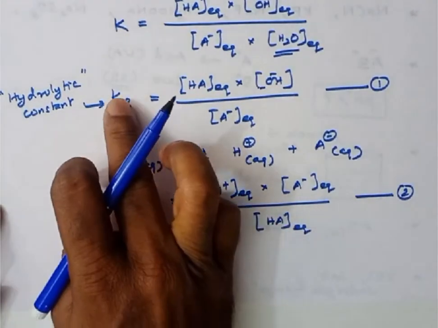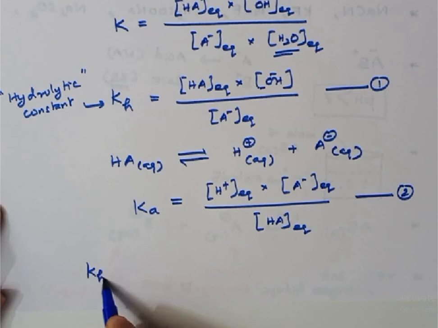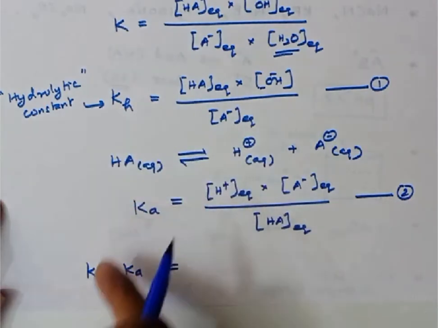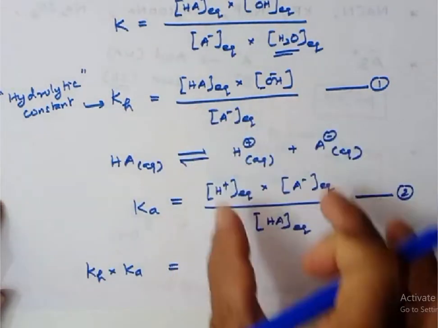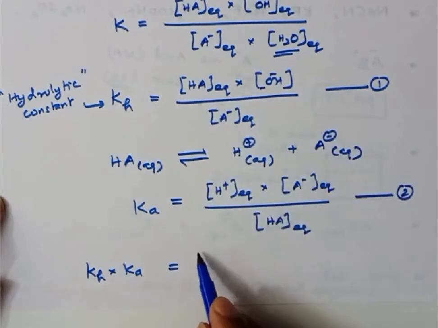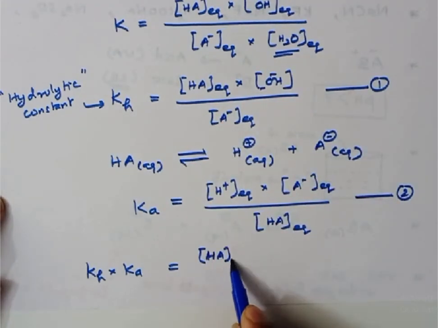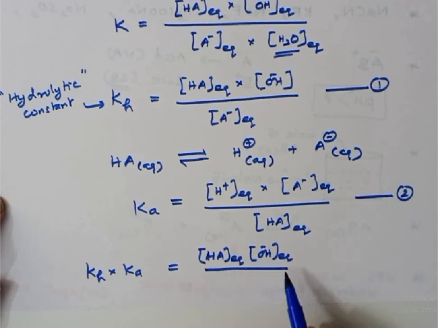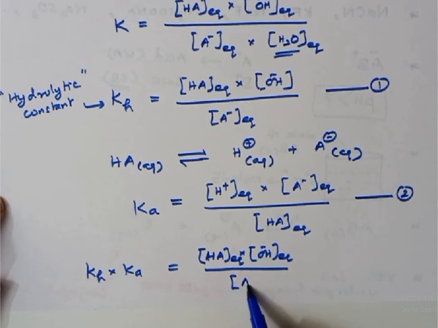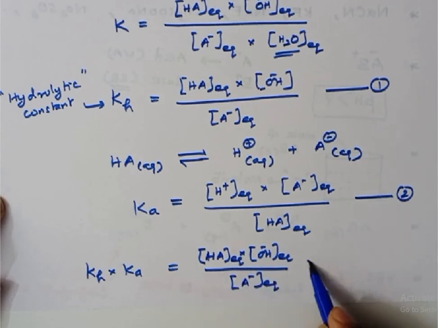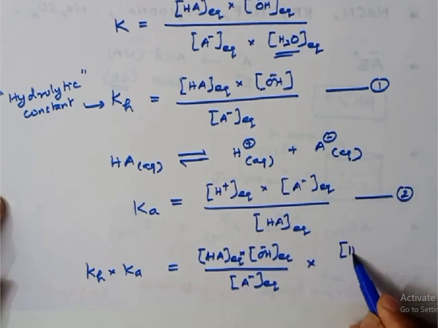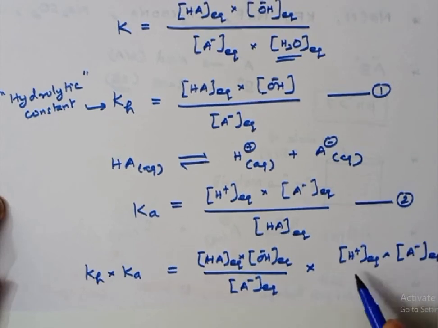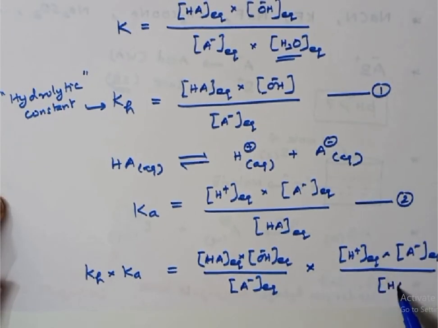So if I do that, I'll get KH into Ka is equal to, on the left hand side, KH and Ka multiplied, and on the right hand side, first I will write this term: the equilibrium concentration of the weak acid times the equilibrium concentration of the hydroxide ion, divided by the equilibrium concentration of the A minus ion, into this part: the equilibrium concentration of the H plus ion times the equilibrium concentration of the A minus ion, over the equilibrium concentration of the weak acid.